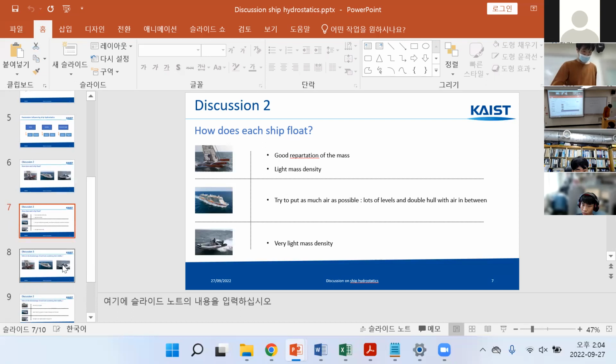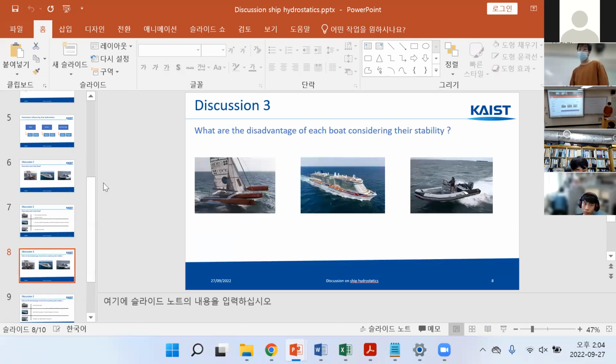And for the third discussion, do you know what the disadvantages of each boat are considering stability? Yes. I would say, since the first and the last one are quite light, they don't seem to be stable against external loads, waves, or wind. That's true.